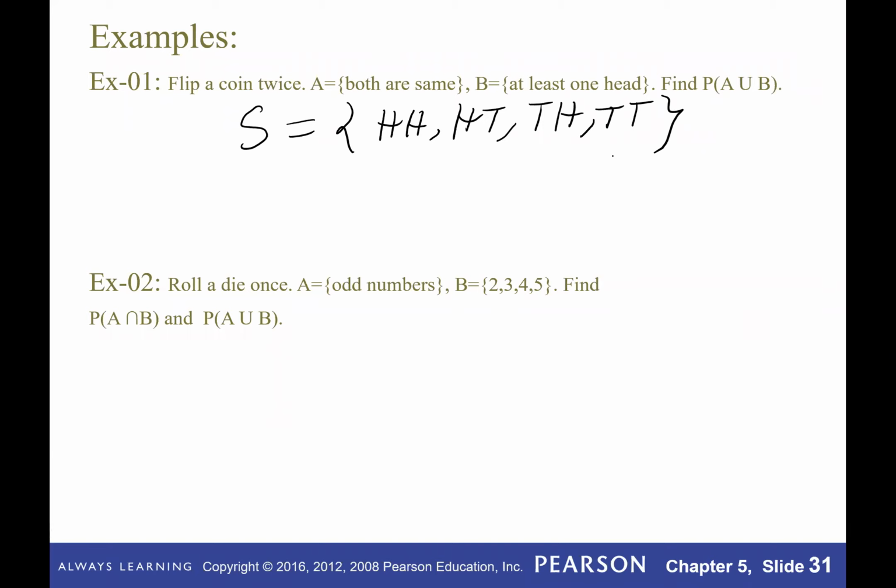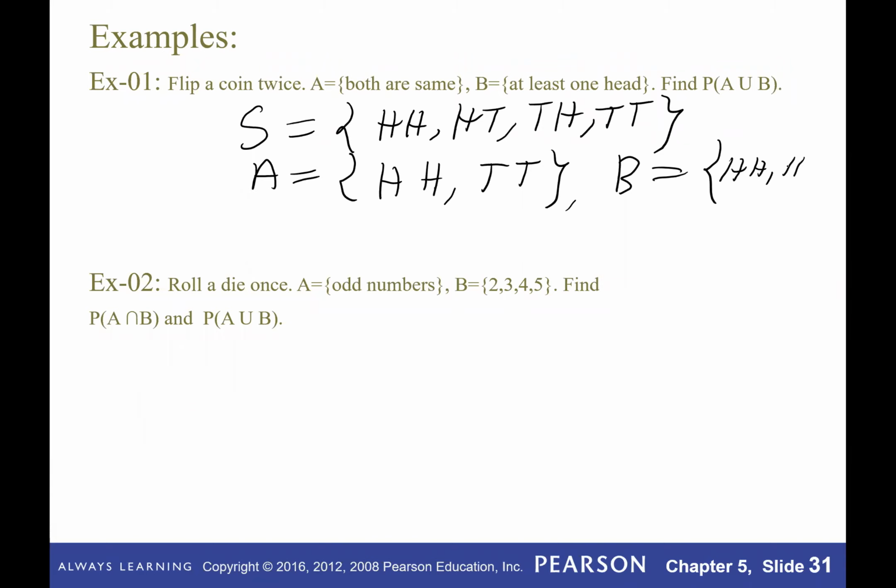So this is our sample space. So the event A is both are same. So that means this one and this one, right? And what is event B? This is at least one head. Yeah, this is the event B.